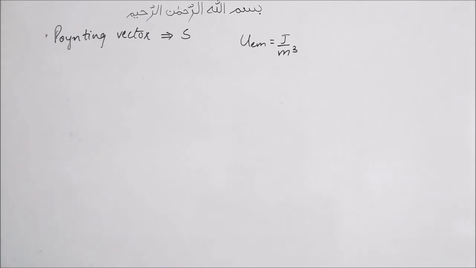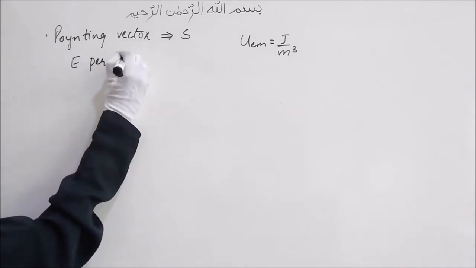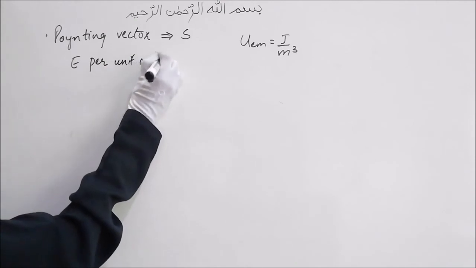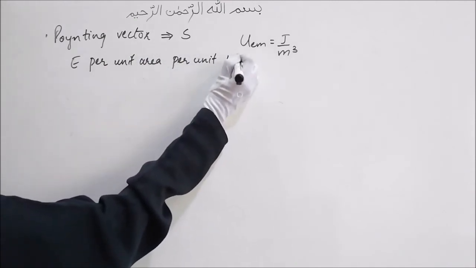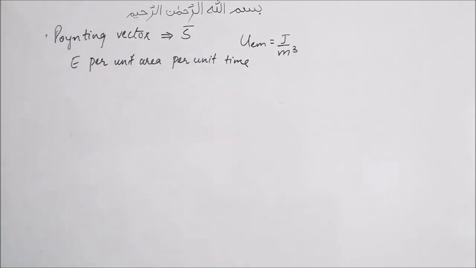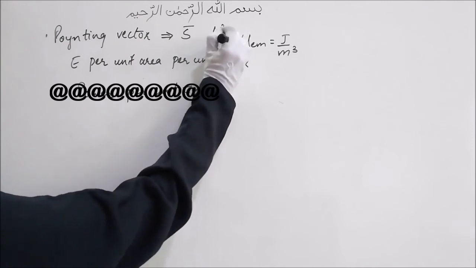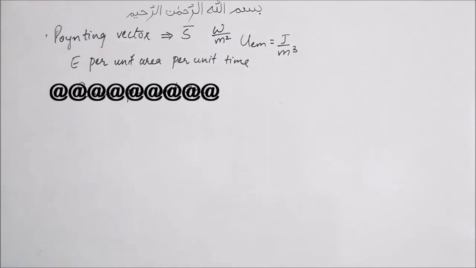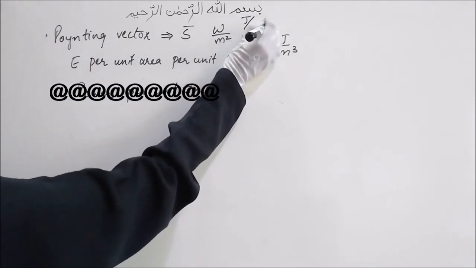Now the Poynting vector here is nothing but the energy per unit area per unit time, and of course it is a vector quantity, and the unit here is watt per meter squared, or we can also call it joule per meter squared second.